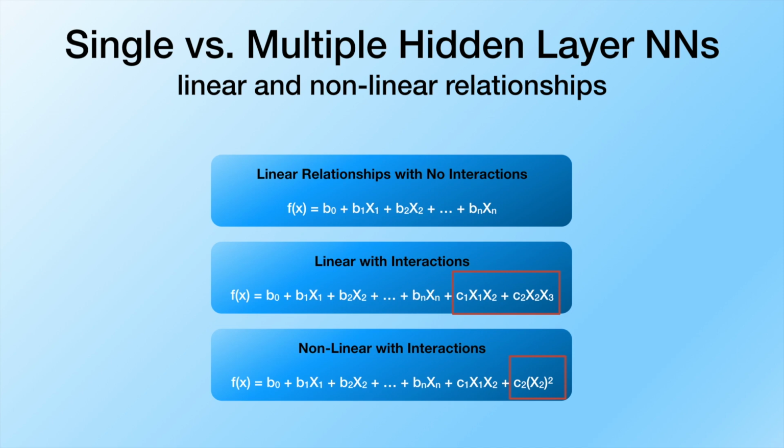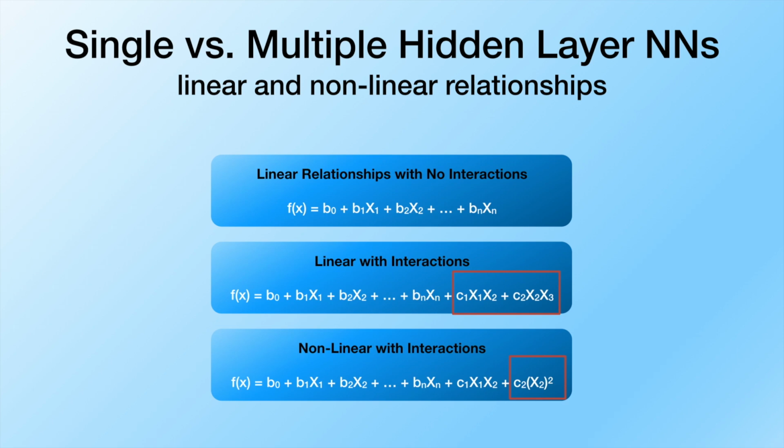So that's a linear relationship with no interactions. If you look at the second cell, the with interactions, inside the red box you can see we have x1 times x2 and also x2 times x3. So those are interaction terms where we have multiplication or division of our different attributes.